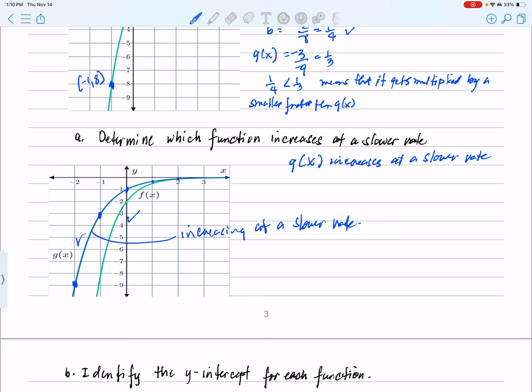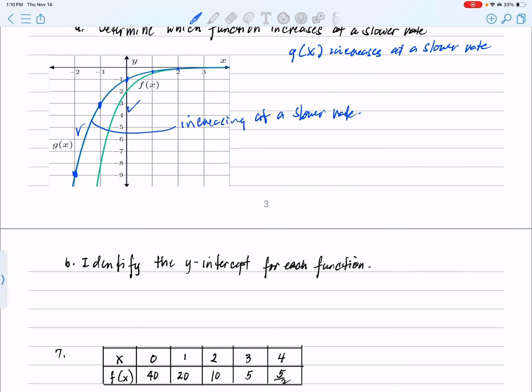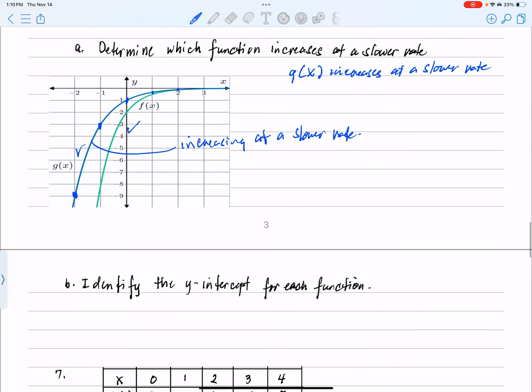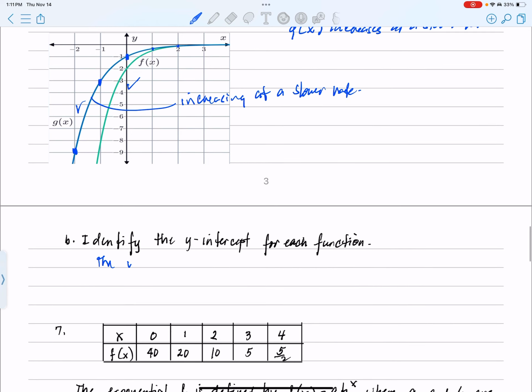Identify the y-intercept for its function. Okay, let's see the y-intercept here. The y-intercept of f of x: when x equals 0, it's at negative 2.